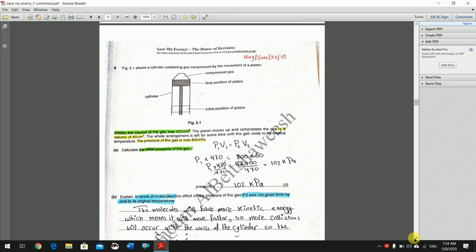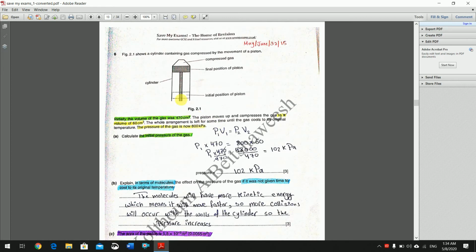Okay, now let's go to the second one. Figure 2.1 shows a cylinder containing gas compressed by the movement of a piston. Here's the compressed gas, and here we have the final position of the piston. It can't go any further.